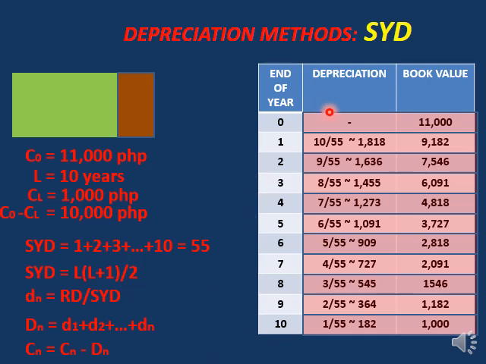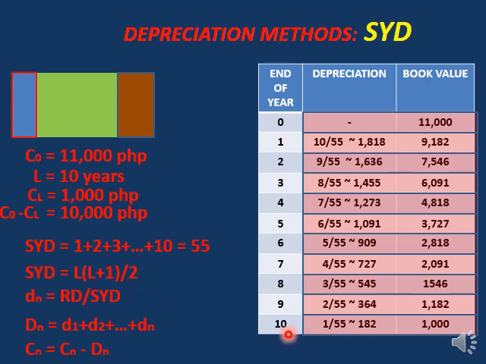Now the photocopier is new and is not used. The book value is intact, 11,000 pesos. After a year, the photocopier will depreciate based on this proportion. 10, this is the reverse digit, because the digits here, as you can see, start from 1 up to 10.